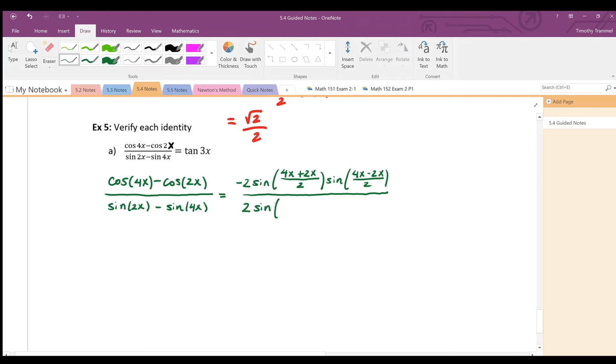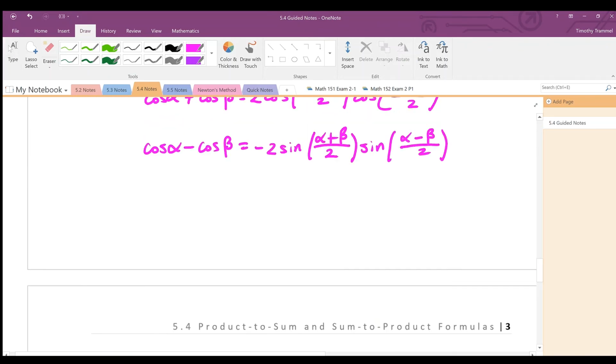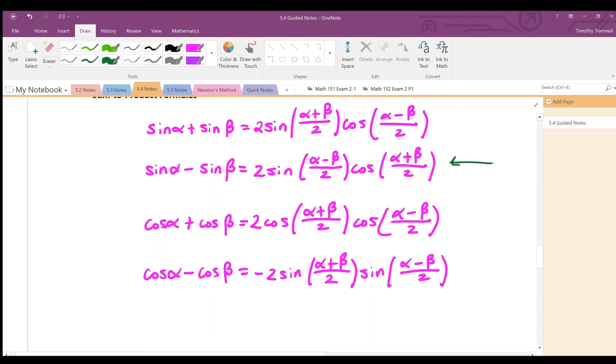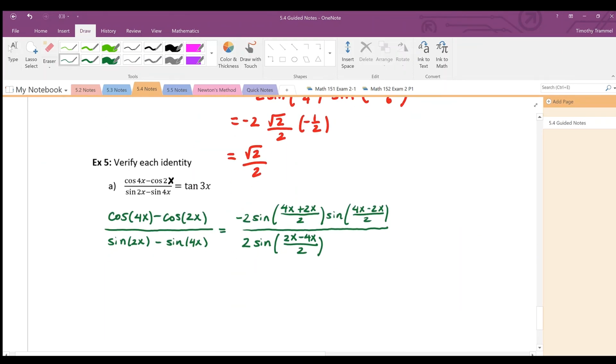So 2 times the sine of, I believe it was the difference. We'll go up and double check in a second. So sine of the difference, yes, that was right. And then times cosine of the sum of the angles divided by 2.